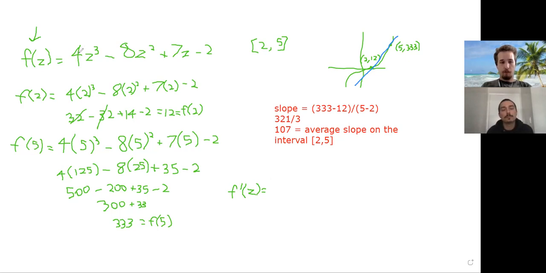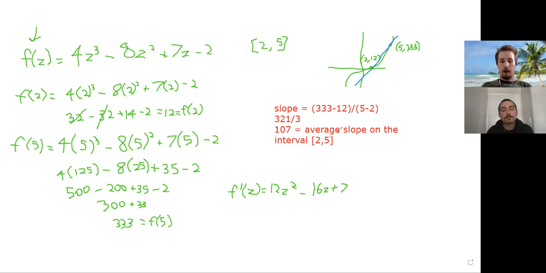the derivative of 4z cubed is going to be 12z squared. The derivative of negative 8z squared would be negative 16z. And the derivative of 7z is going to be 7.